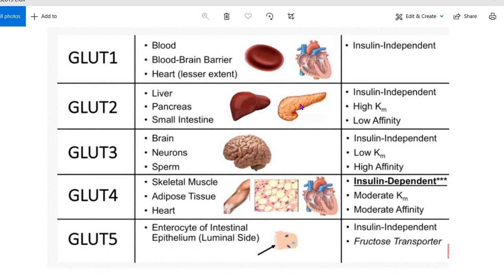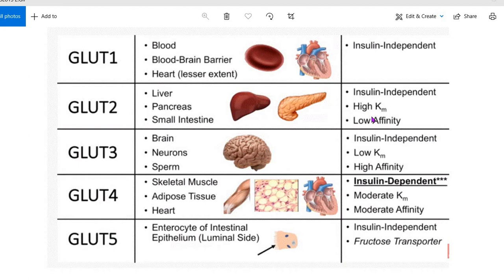So beta cells too only obtain glucose when glucose is in high concentration because of the low affinity of the pancreas for glucose, and that also makes sense, because it is when glucose is in high amount that the glucose will be able to enter into the pancreatic beta cells, and the beta cell will then release insulin. Of course, you know the function of insulin will eventually be to lower the blood glucose level.